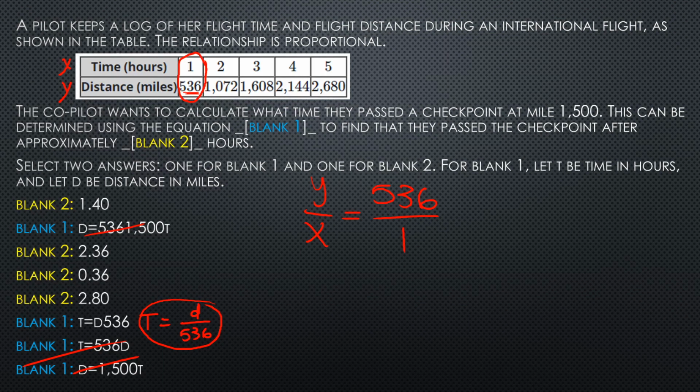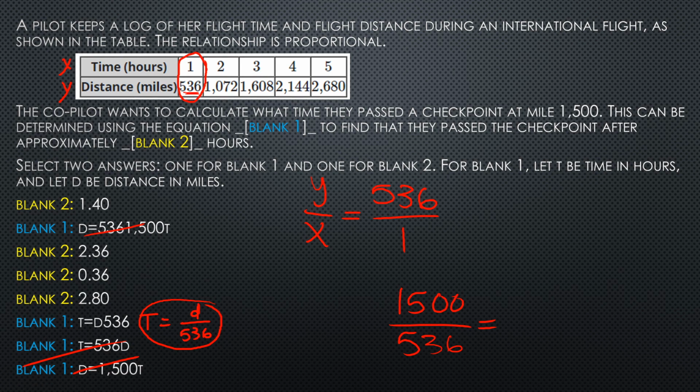For blank 2, if we know that it takes them 536 miles to go in 1 hour, we want to know approximately how many hours it is for them to fly the 1,500 miles. So if I take that 1,500 miles and divide it by 536, that is going to give me approximately how long it takes them.